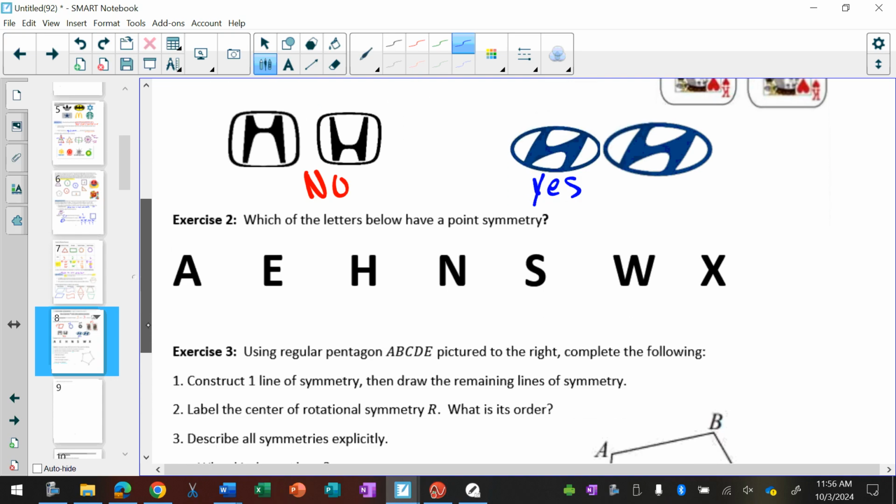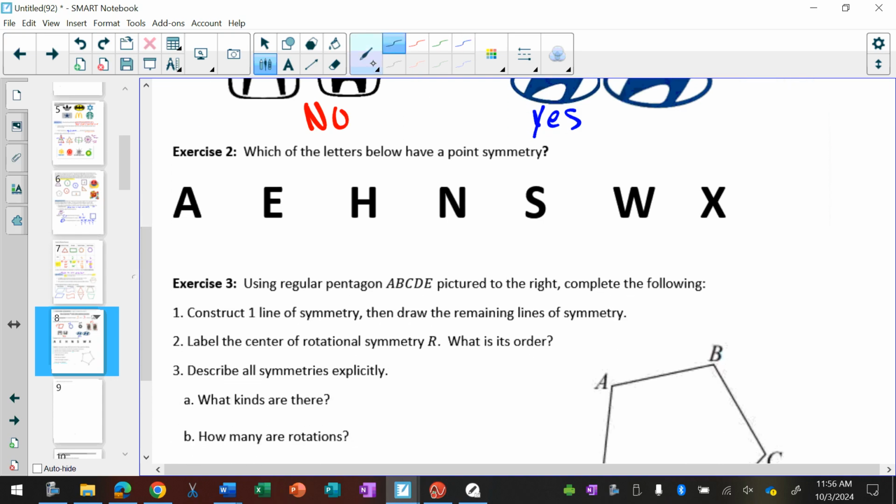So let's check our capital letters of the alphabet. If I take the letter A, spin it upside down, it does not look the same. You can just take your paper and turn your paper upside down and make sure the letters are facing the same order. The letter E, not the same.